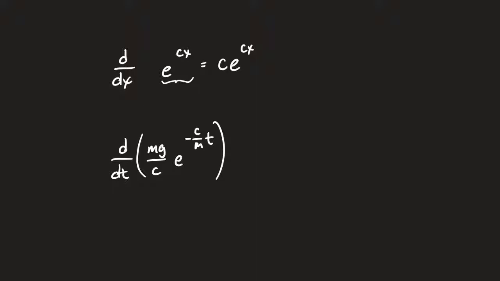In the case of the thing that's out front, it's a constant. You can just completely disregard it and take it and move it out front as if it's not even there. And then you need to recognize that all of this has suddenly just become c.